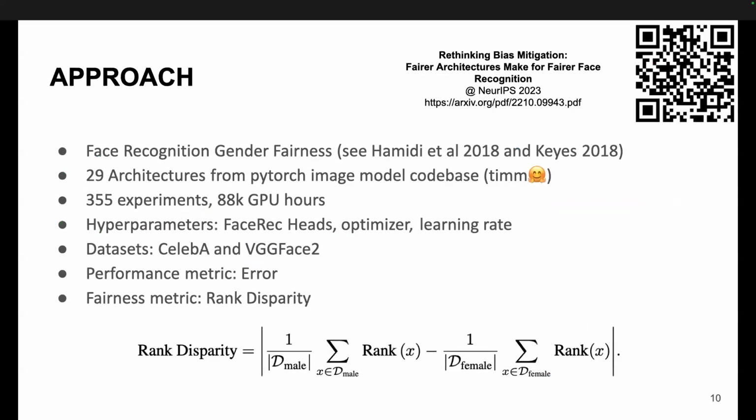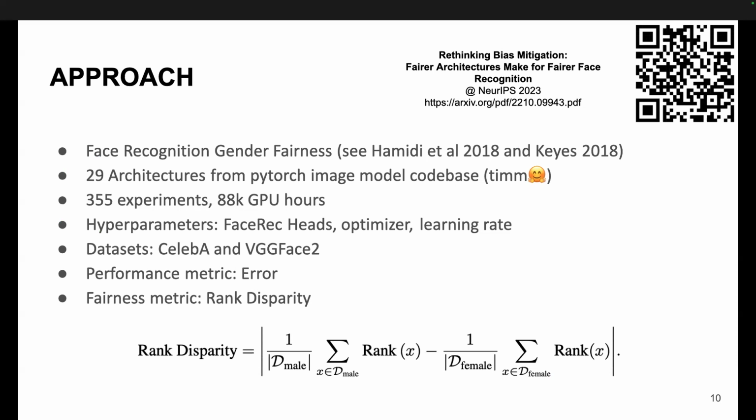In our NeurIPS paper that we presented as our oral 3 months ago or whatever, we did just that in this facial identification paradigm. The first thing we want to do is think about and document the ways in which architectures and hyperparameters influence both accuracy and fairness properties.